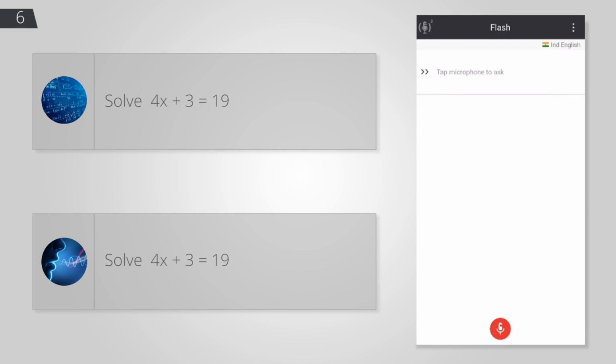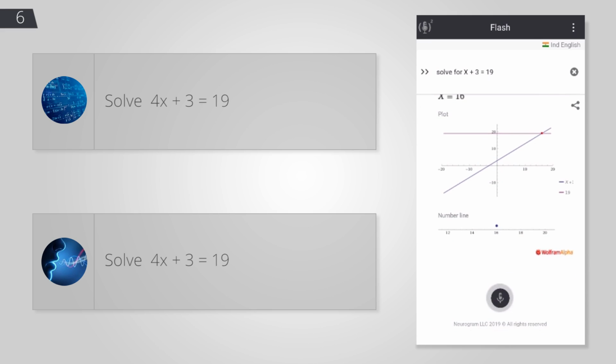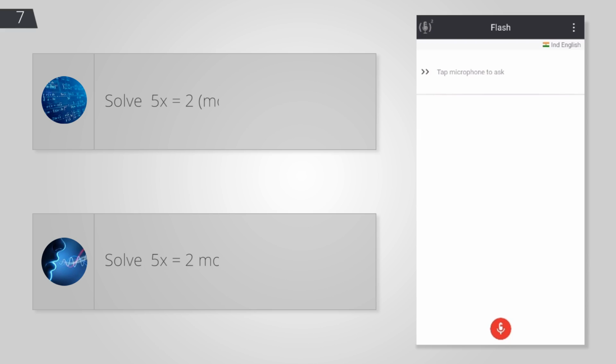Solve 4x plus 3 equals 19. Solve 5x equals 2 mod 3.